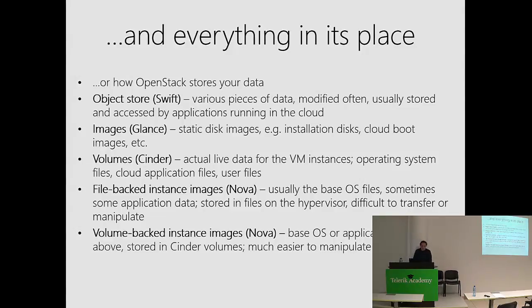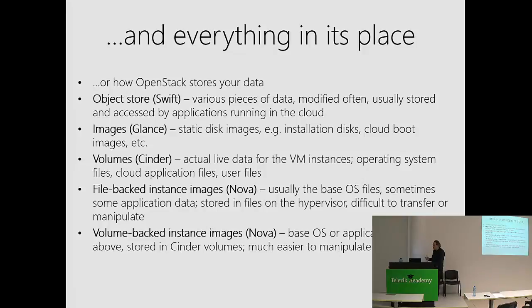And of course, the Cinder volumes are not the only way to do file systems and instance stuff in OpenStack. There are other ways to run virtual machine instances in Nova, some with files on the actual hypervisor, some with files on other devices, or other storage types for the Nova image backends.